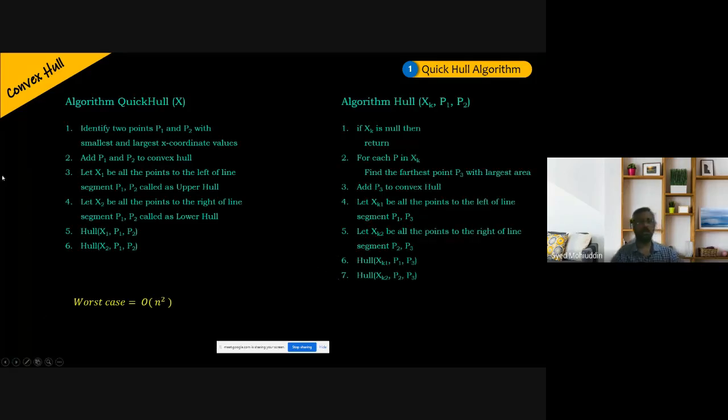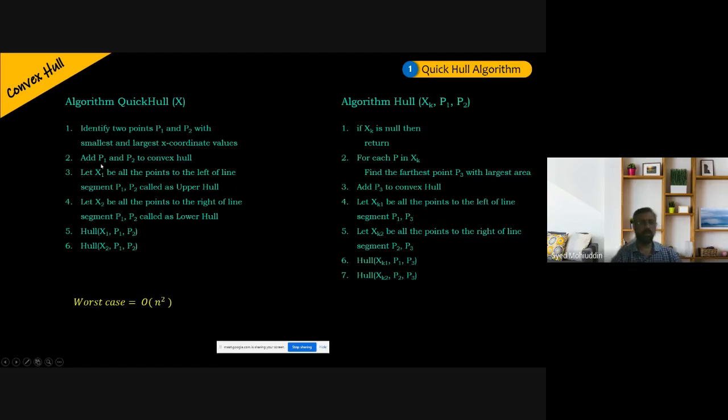Now, here we have the algorithm QuickHull. X is the set of points. Now we identify 2 points P1 and P2, with the smallest x and largest x coordinates. So on the x-axis, the smallest point will be P1, which is the left extreme point, and the largest will be P2, the rightmost extreme point.